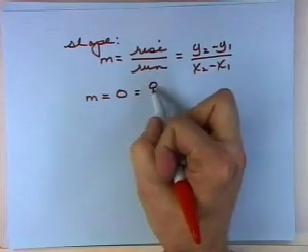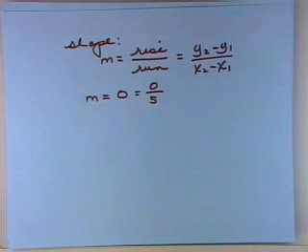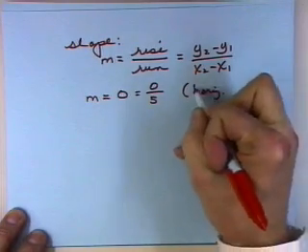So that could be, let's say, 0 over 5. Now if we go back to the rise over run definition, is that true about horizontal lines, that they have 0 rise and as much run as you want to give them? I think that's all they do, isn't it, is run? They don't rise at all. So those are horizontal lines.